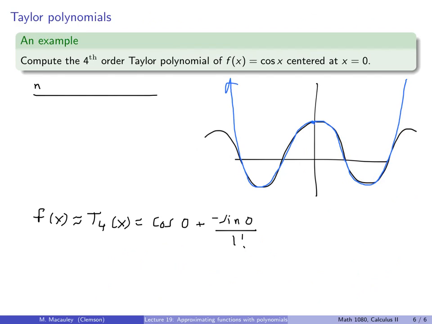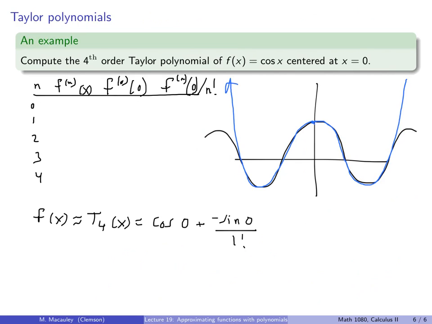Let me do n equals 0, 1, 2, 3, 4. Let me do the nth derivative of f, centered at 0, and then the nth derivative at 0 over n factorial.